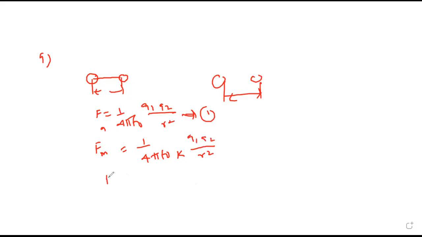F in air upon F in medium will become K by 1, K is to 1 it should be. I think they have given something wrong. Option A should come, but I think they have given option B as the answer.